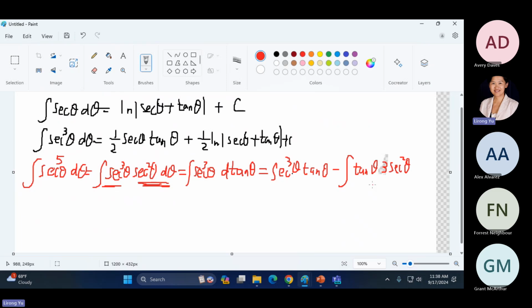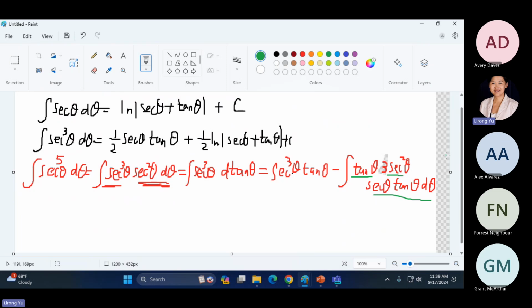So then there's a secant theta times tangent theta. Okay, so that's the v, and this is the du. That's uv minus the integral of v du.